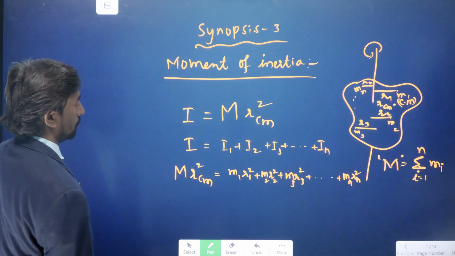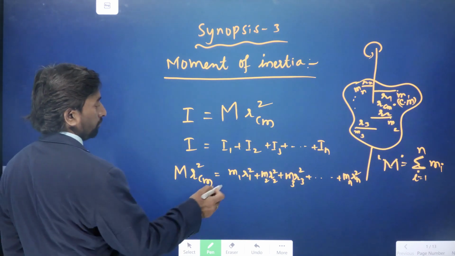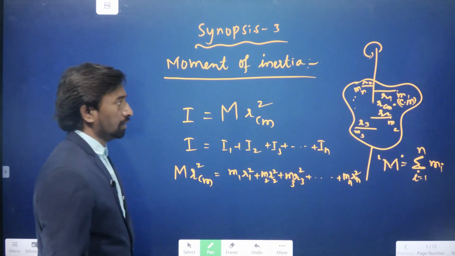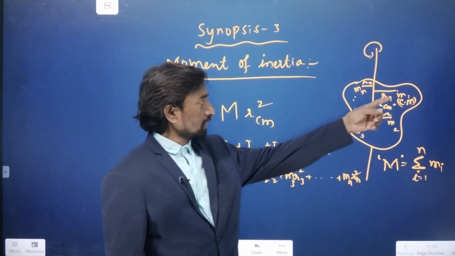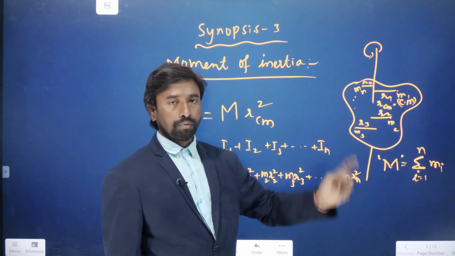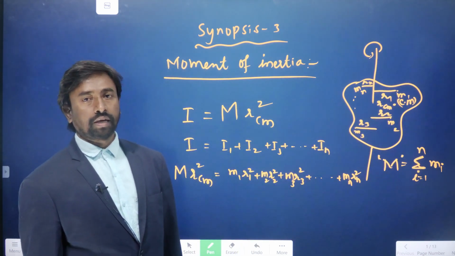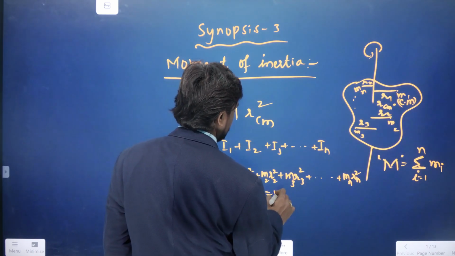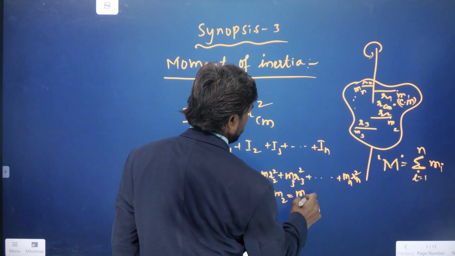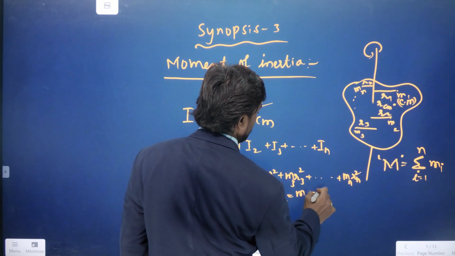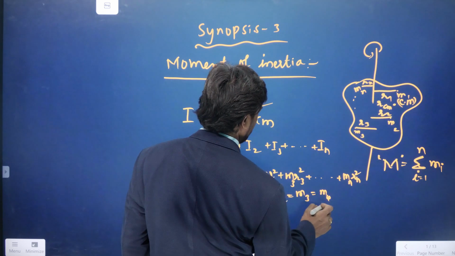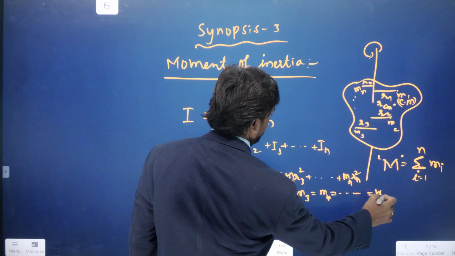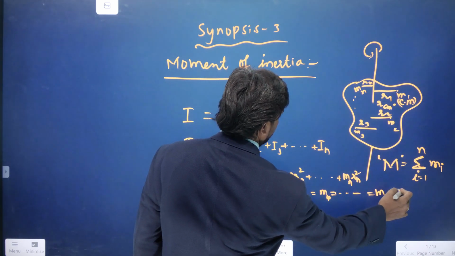Now if we consider that all the masses of the particles, m1, m2, m3 up to mn, are identical, that means m1 equals m2 equals, and so on up to mn equals small m.